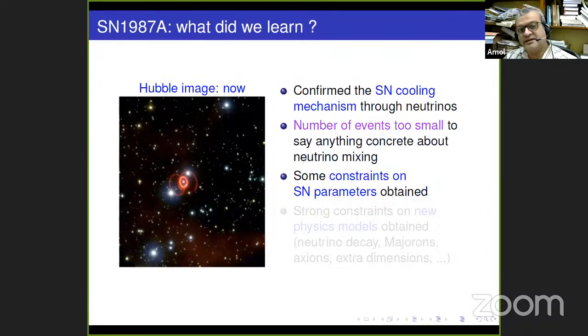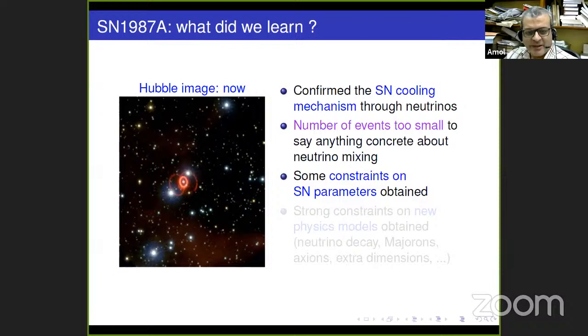Another interesting thing that looking at this supernova burst told us is that, apart from neutrinos, no other new particles have come out, at least not significantly. Suppose along with neutrinos, some other unknown particles also came out, it would mean that the star will cool much quicker. Instead of cooling down in 10 seconds, it would cool down in 5 seconds or 2 seconds.